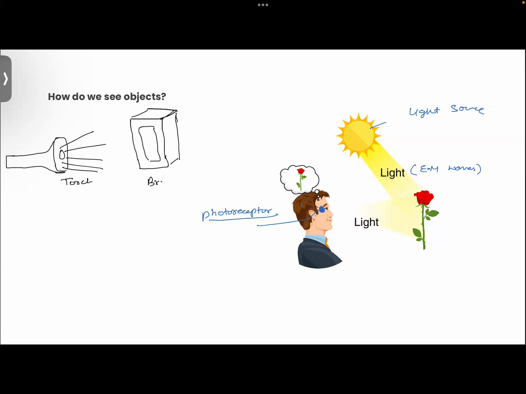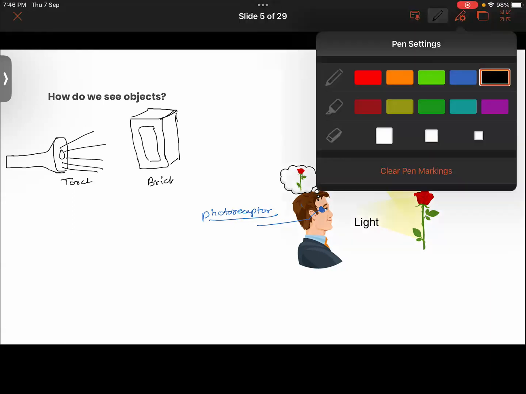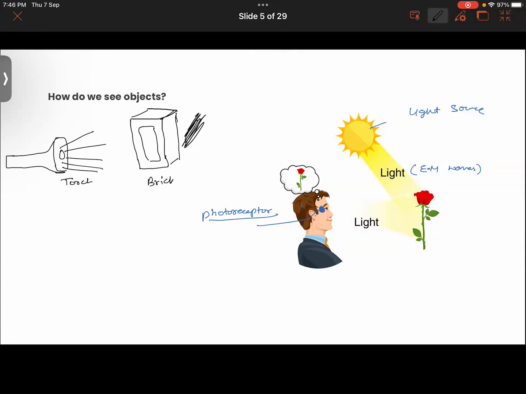So you will see a shadow is formed here. Shadow like this might be formed.